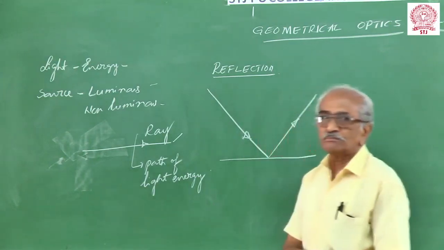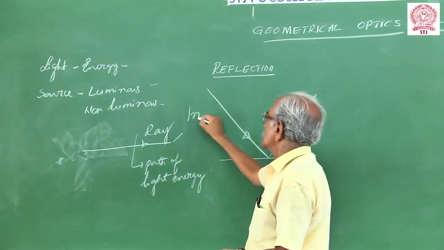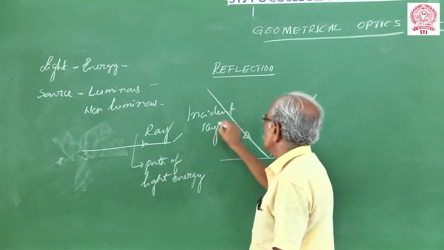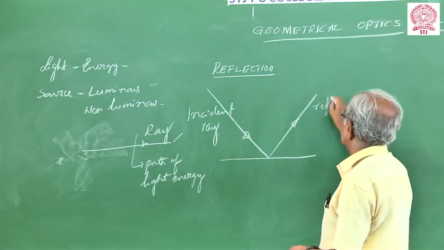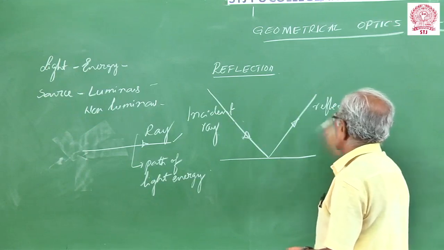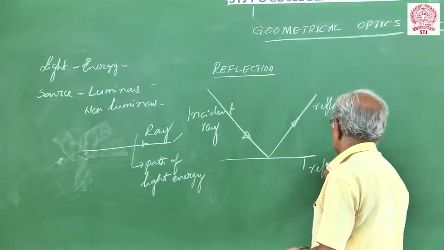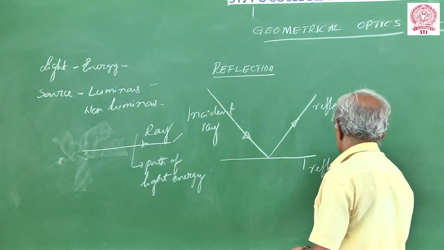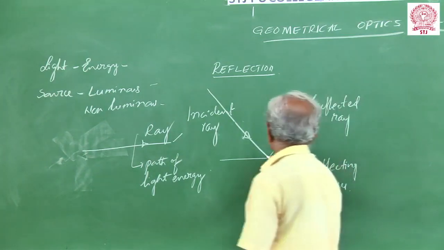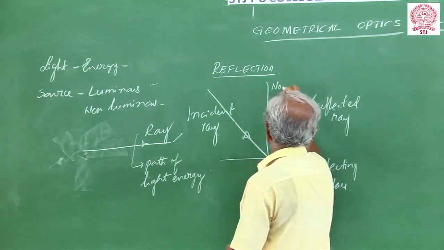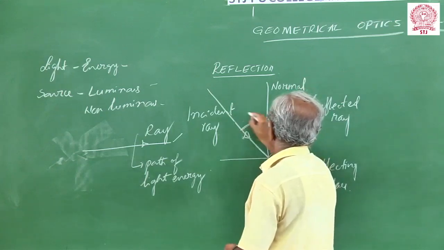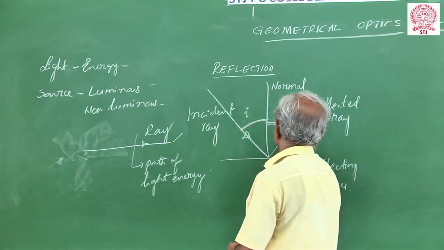This is reflection. This is the incident ray. This is the reflected ray. This is the reflecting surface. The normal is drawn at the point of incidence. This is the angle of incidence, and this is the angle of reflection.